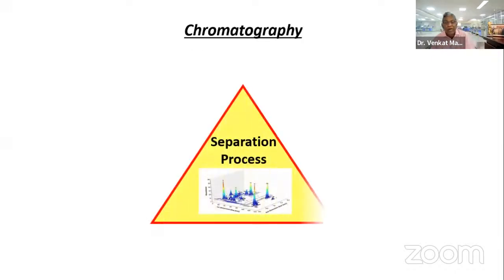For that, what should I know? I should know what the separation process is. Many of you are already aware of this. If you look at this inset here, it is a 3-dimensional chromatogram, not a 1-dimensional chromatogram. I have a retention time on the x-axis, a retention time on the y-axis, and intensity on the z-axis.